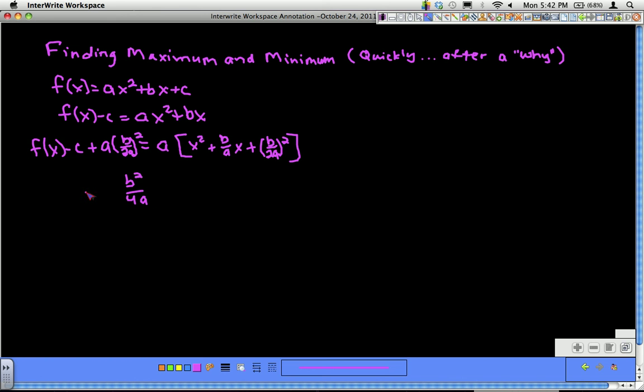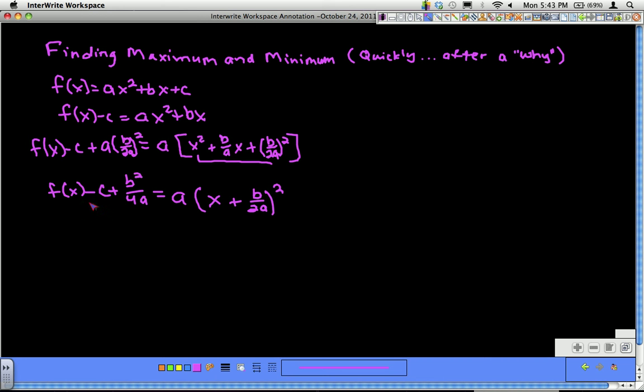And then we've got minus c plus that in f of x. So you can do the math there if you want to expand that out further. On this side, shorten it up, our two squares become one step. So x was one thing that was squared, and b over 2a was the other thing that was squared. So the two squares become one.